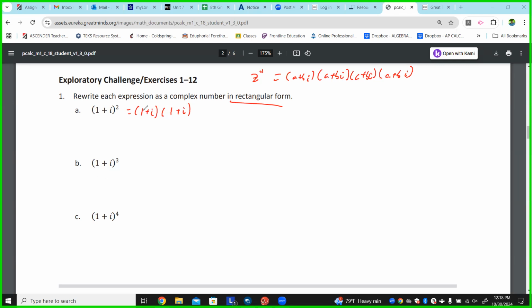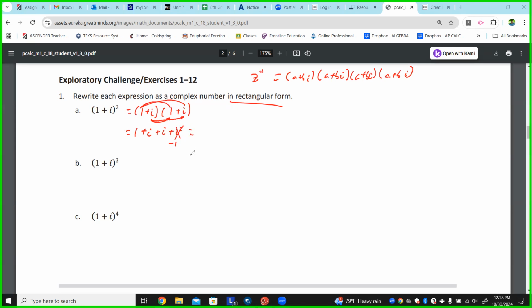Distribute. So I got 1 times 1, 1. 1 times i, just i. i times 1, i. i times i, which does turn into a negative 1.